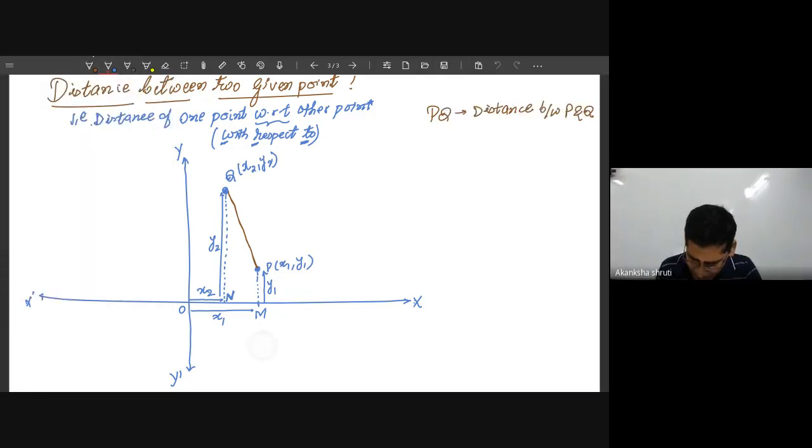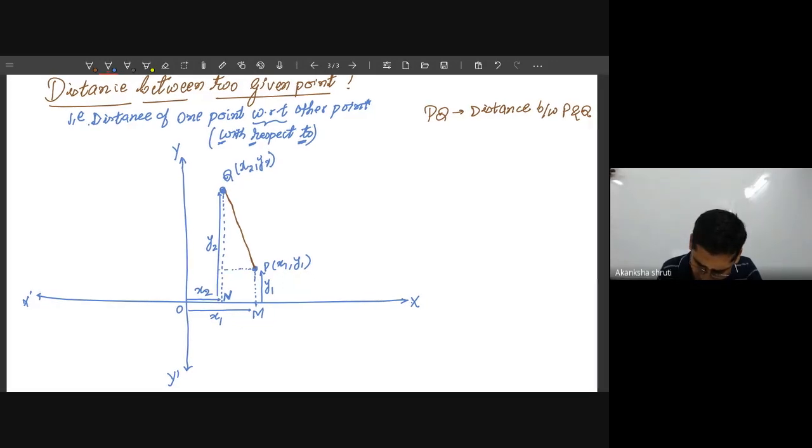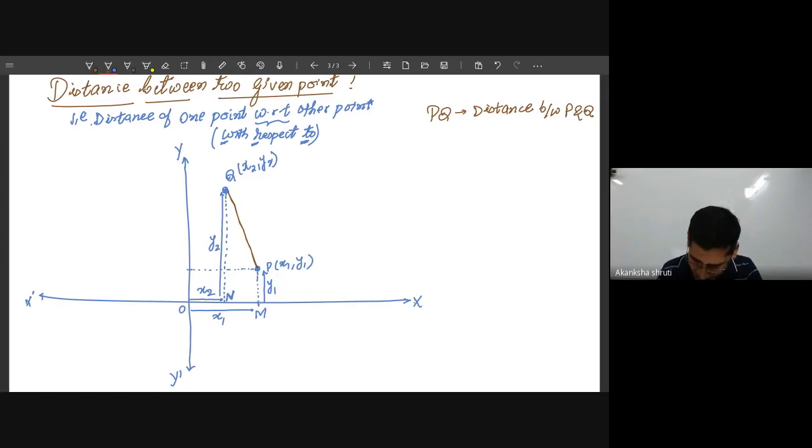A student, from P, draw the perpendicular on the y-axis and observe it carefully.